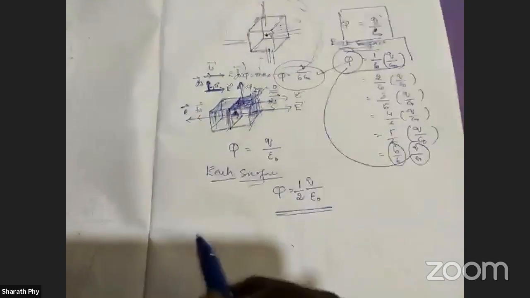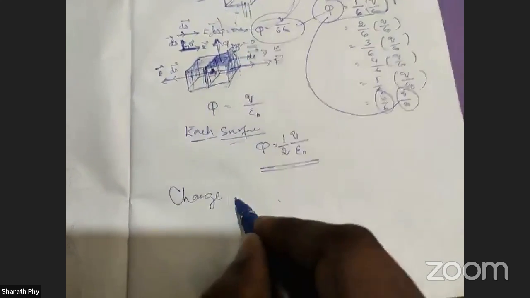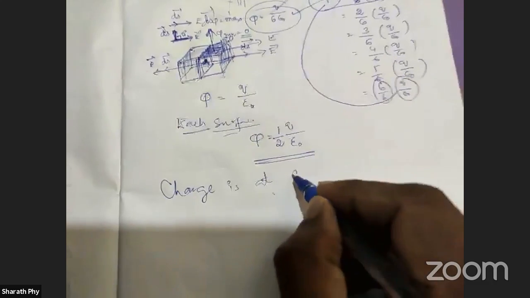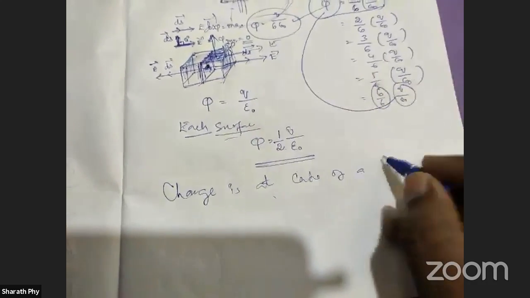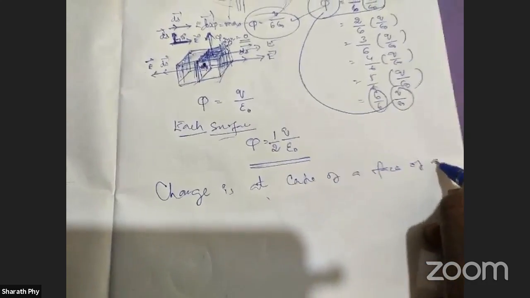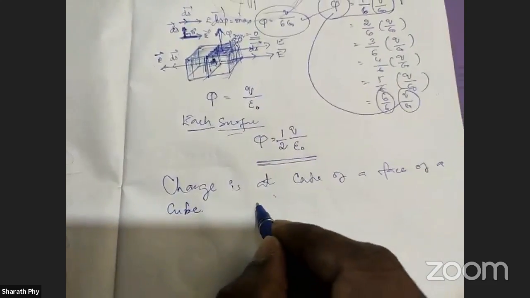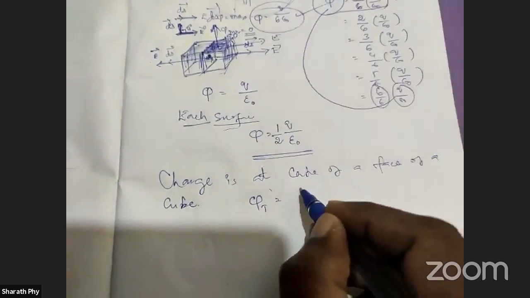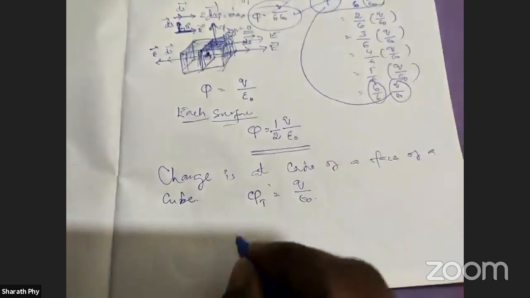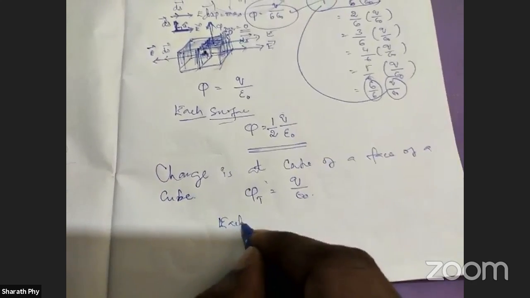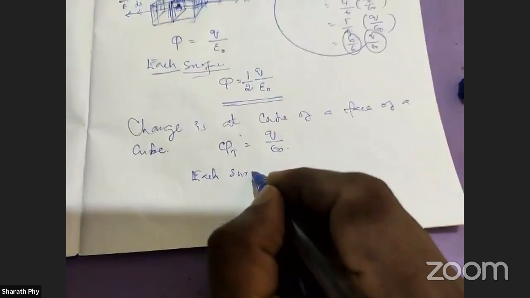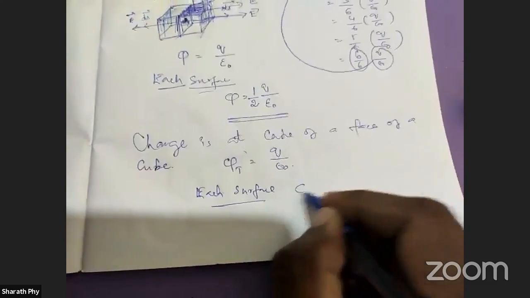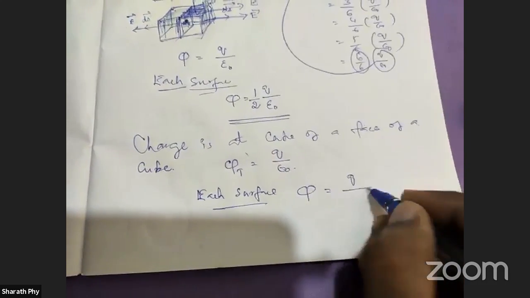So if the charge is at the center of a face of a cube, then the total flux is equal to Q by epsilon naught only. But for each surface, the flux is equal to Q by 2 epsilon naught.